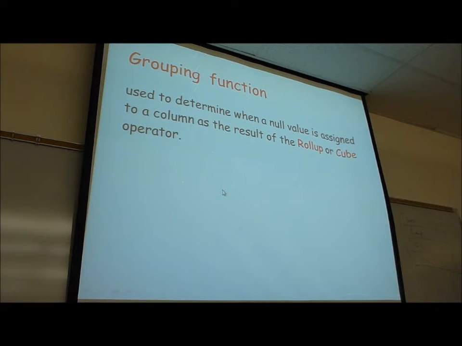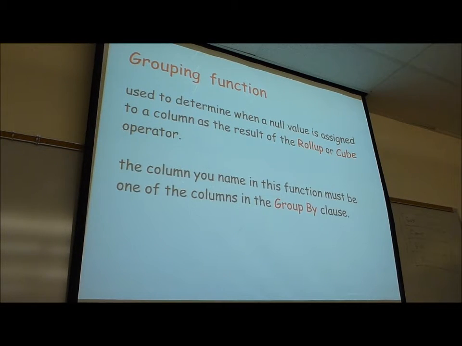We're not doing cubes here, we're going to do the roll-ups, and when we do this, of course, that's where the null values are assigned. What we want is a way of replacing that null value with a name.